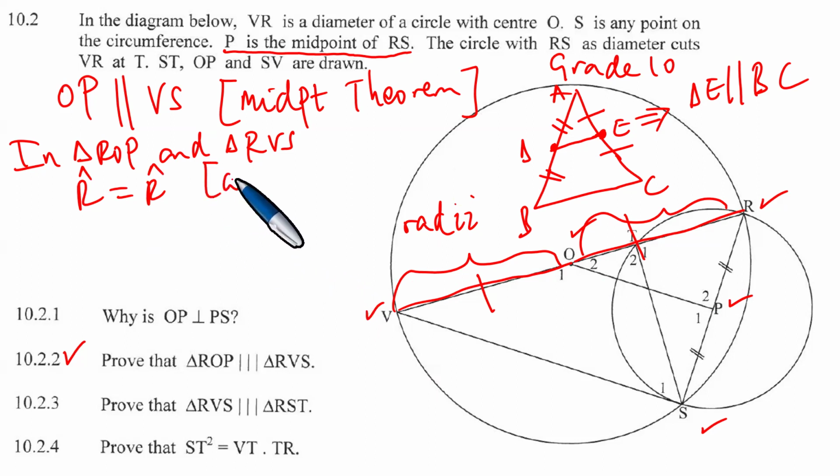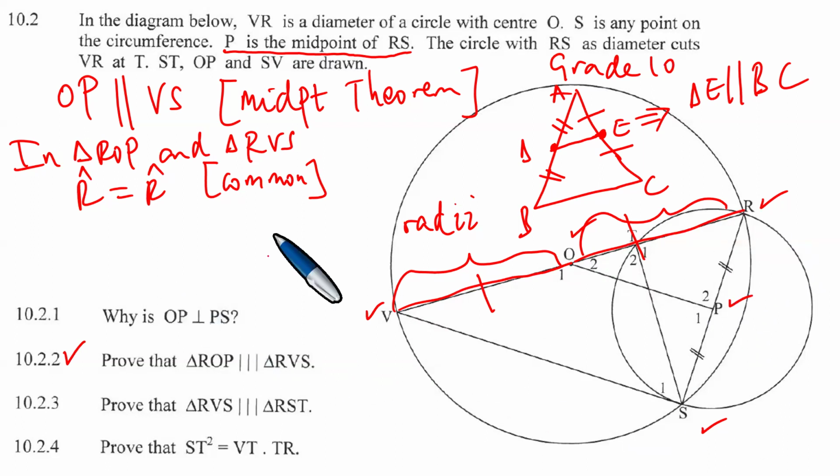Because we have a common angle. Okay, good. Why is it a common angle? We're dealing with triangle ROP, which has angle R in it, and triangle RVS, which has angle R in it.